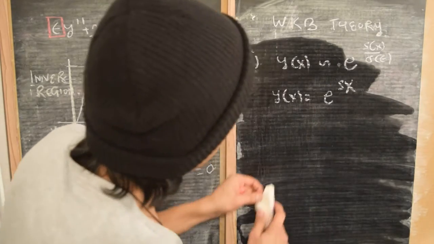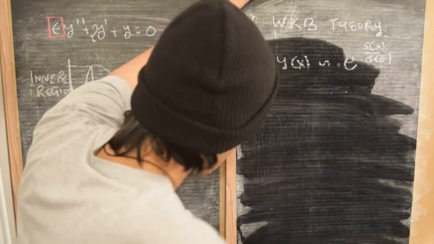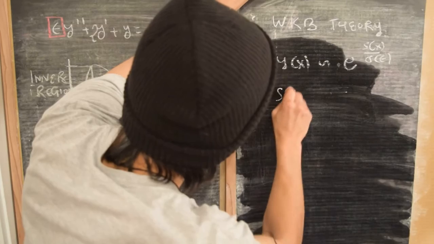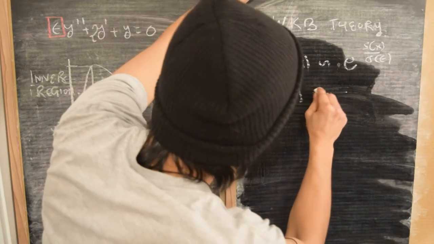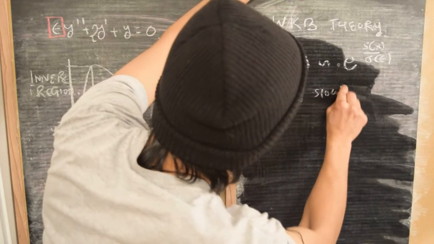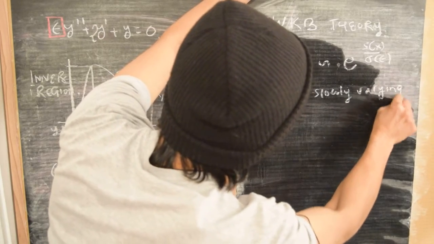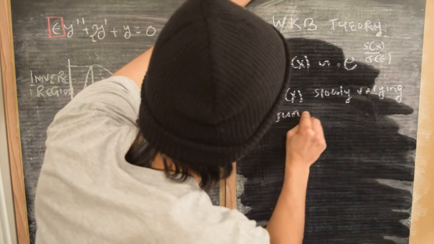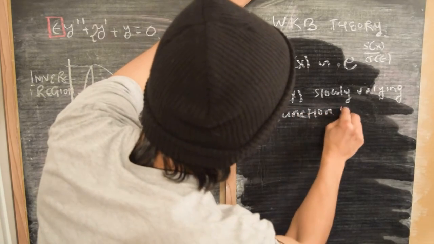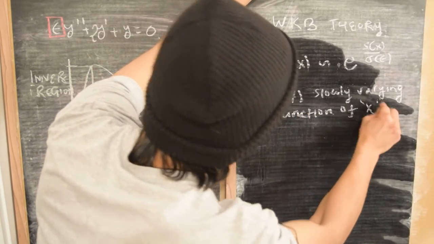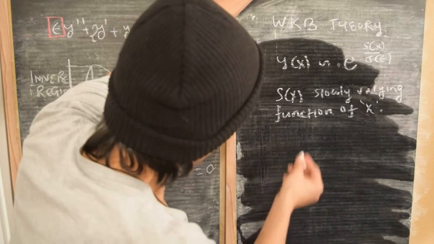So that's one of the ideas, that we have some function s of x. Maybe let's write it down, where s of x is a slowly varying function of x.